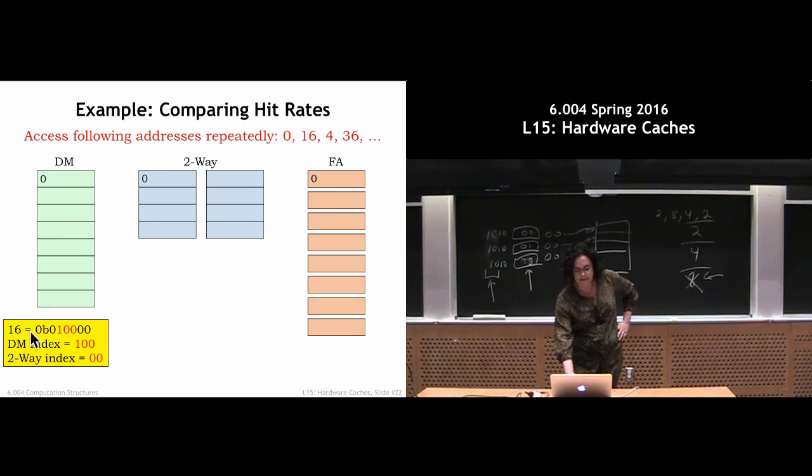So the index for address 16, which is this in binary, is 100. So that means that address 16, and remember, what's actually going to go in your cache eventually is going to be the address as well as your data. But for this example, I'm just showing the addresses and where that corresponding data is going to get stored. So it's going to go into this index 4 in your cache.